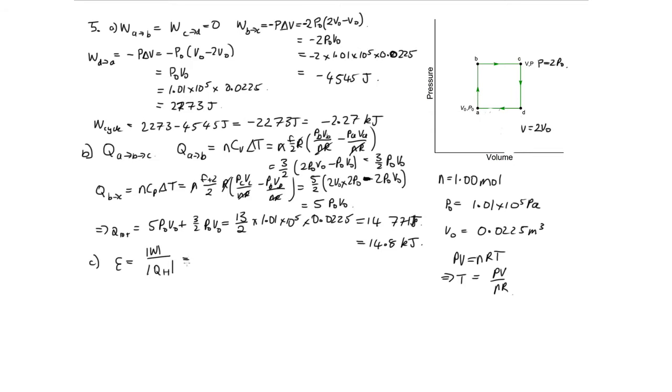Okay, so we've calculated the amount of work. It's up here. This was the work done on the gas. This is the work done by the gas that we're getting out. So because it's got the absolute value sign here, we also need to lose that sign. So this is 2273. The heat entering during this part where it's gaining its heat is equal to 14,771.